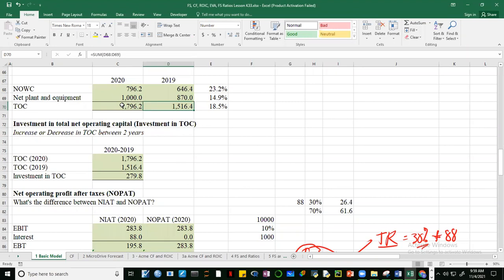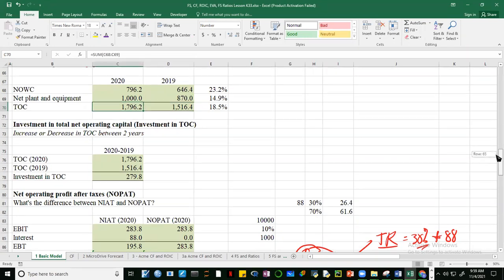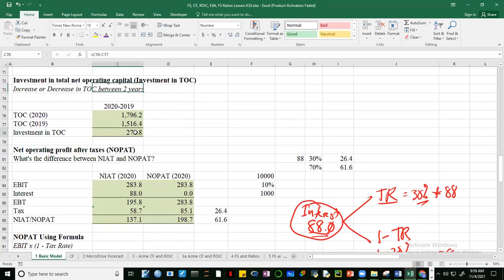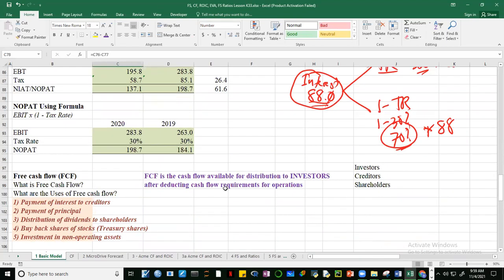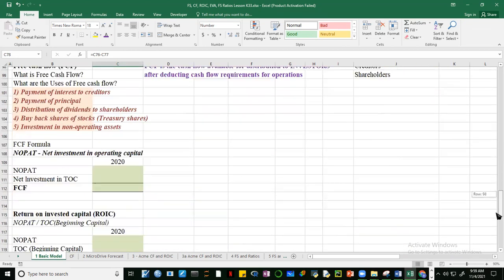At the end of 2020, it had 1796. Therefore it needed around 280 million investment in operating capital. This is the additional investment in operating capital that defines deducting cash flow requirements for operations.